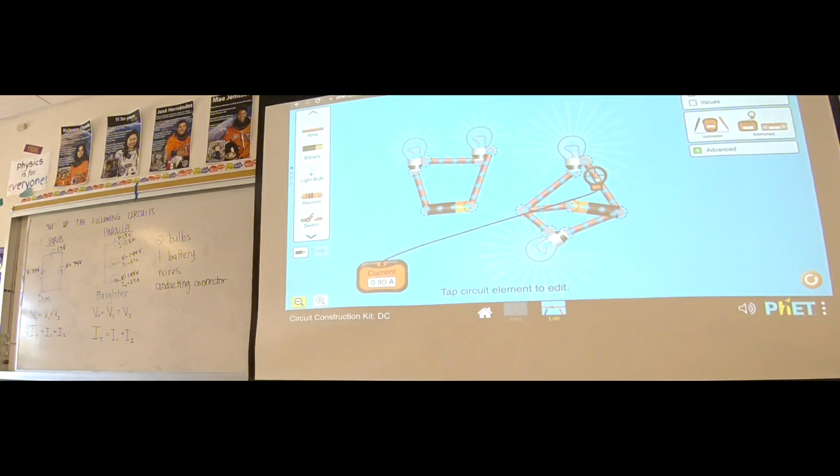It's not always going to be half, but it's definitely going to add up to the total current for parallel, and the voltage is going to add up to the total voltage in series. So with resistance, it's a little bit harder. I'm going to give you those equations in a second, but in series, the resistance is just the sum of all the resistors.